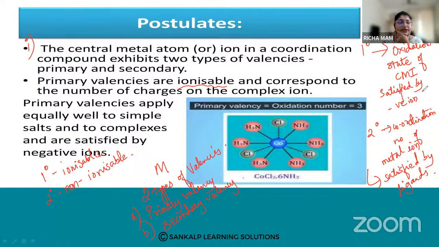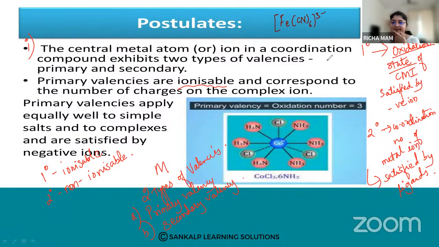What is the difference? Can anyone tell me what the oxidation state is and what the coordination number is? Anybody? So I'll tell you. See here, [Fe(CN)6]3-.